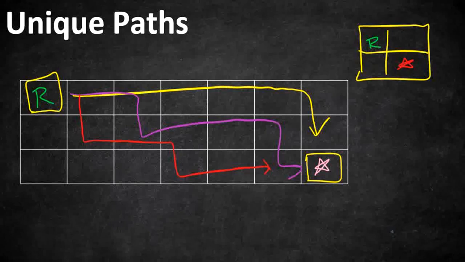You can clearly see that the robot can travel only towards the right or downwards. If it travels right and then downward, it is one path, and the other path is it starts traveling down and then reaches towards the right. So it is another path. So the solution is 2 for this problem.